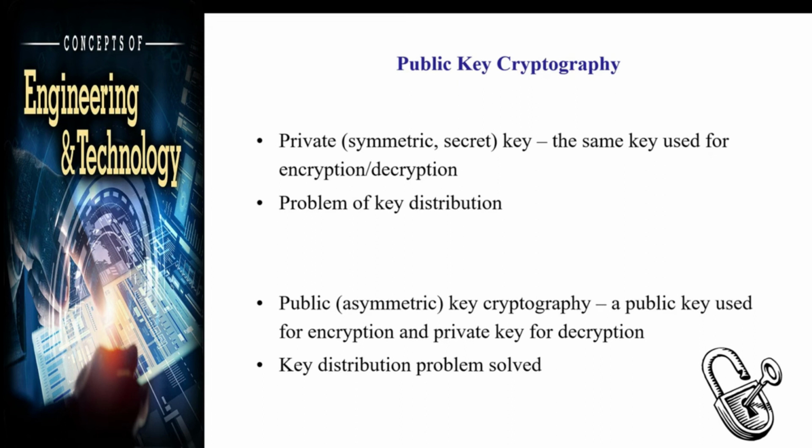With public key cryptography, the key can be used for encryption and the private key for decryption, as I already showed you. Here the key distribution problem is solved: when you encrypt, you use the public key, and when they decrypt, they can, because the private key is already distributed to them. That is what we need to understand.